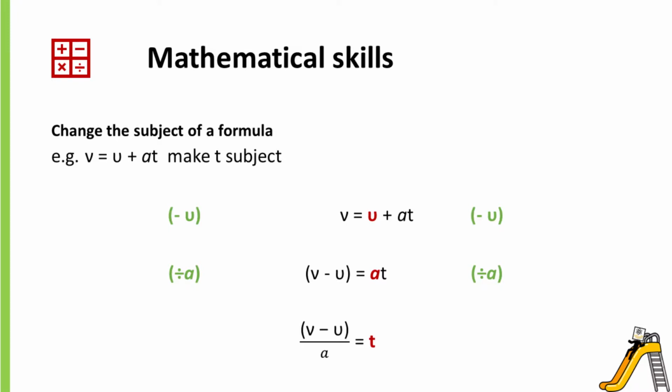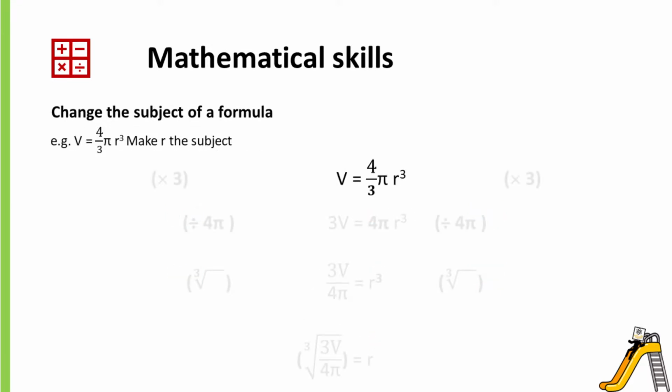Now let's go into the variants where we have square roots and cube roots in our formula. We will look at this formula right here for volume. Here I want to make small r the subject of the formula. And as you guessed it, I will remind you of the rules again. The first thing that we need to do is remove all of the variables that are not connected to the r cubed directly.